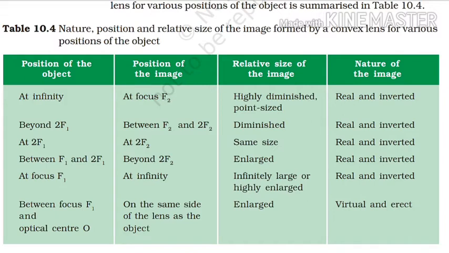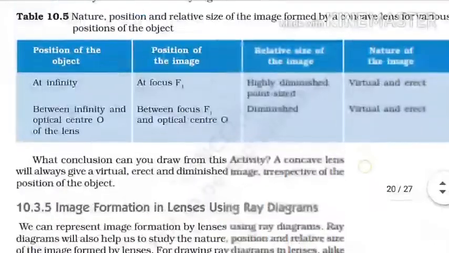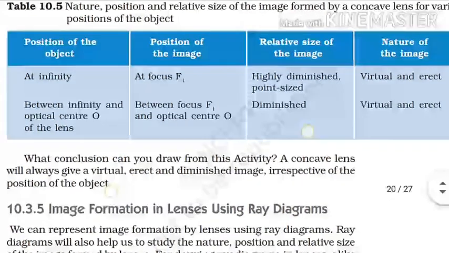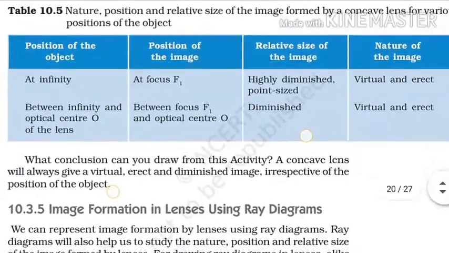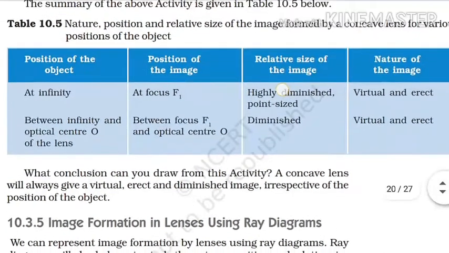This is all about the image formed by a convex lens for an object placed at 6 different positions. Now if we talk about the image formed by a concave lens, we can summarize it in a second table. This shows the position, nature and relative size of the image formed by the concave lens for various positions of the object.